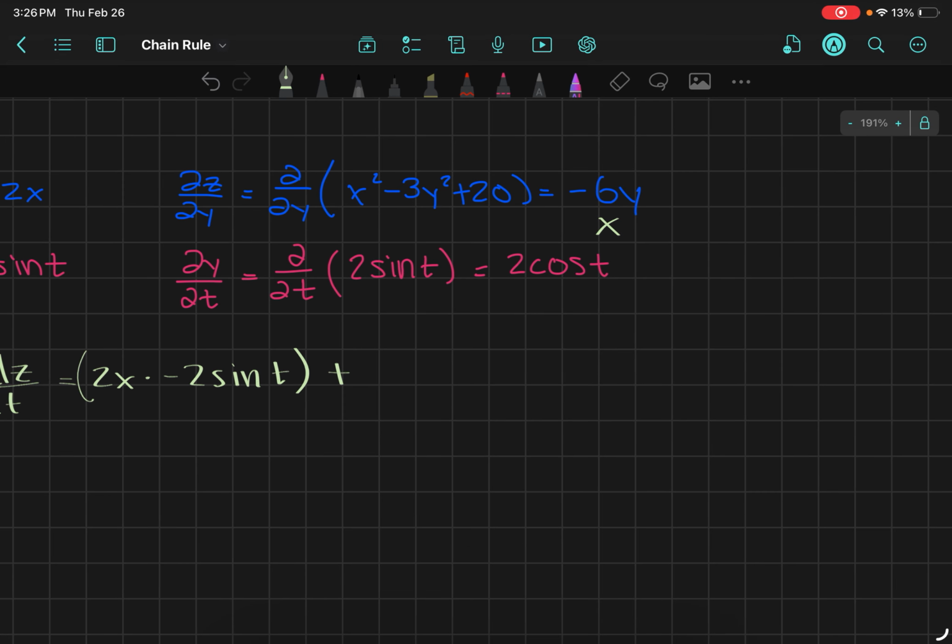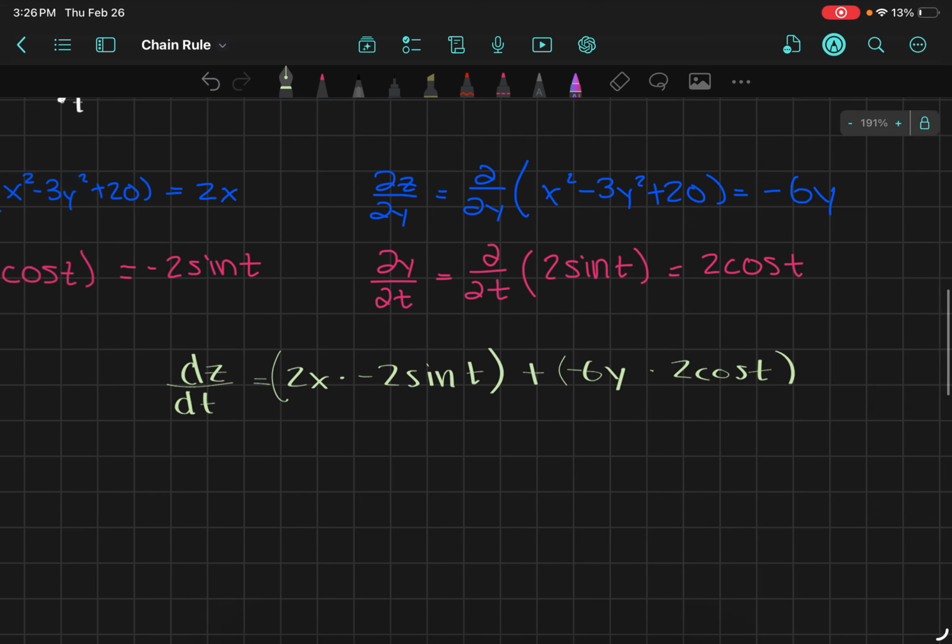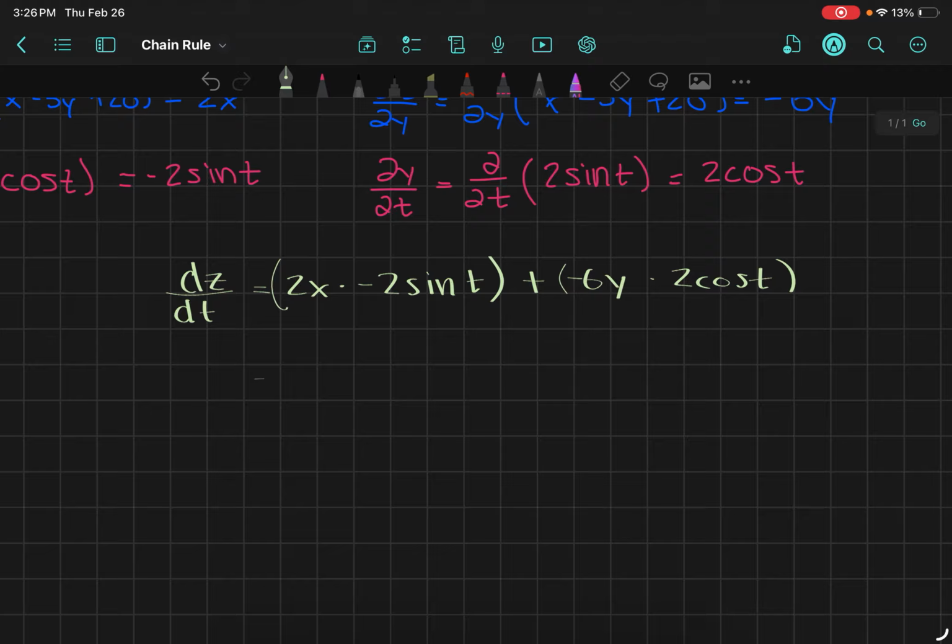So we're just multiplying those two, plus negative 6y times 2 cosine of t. This is going to equal what? Negative 4x sine of t minus 12y cosine of t.